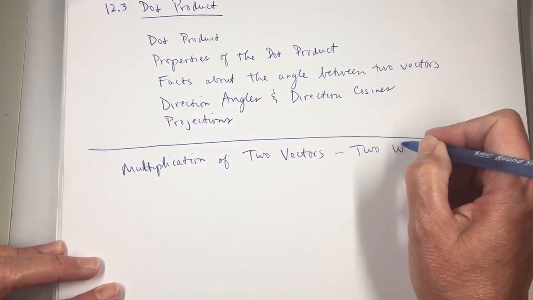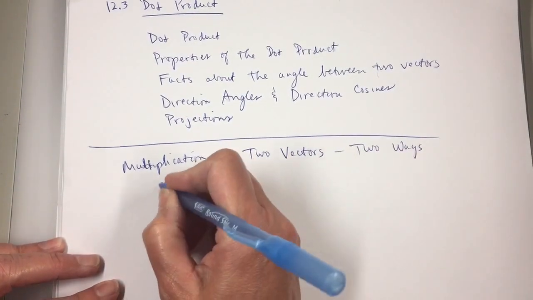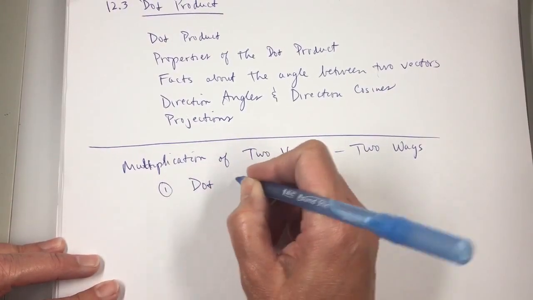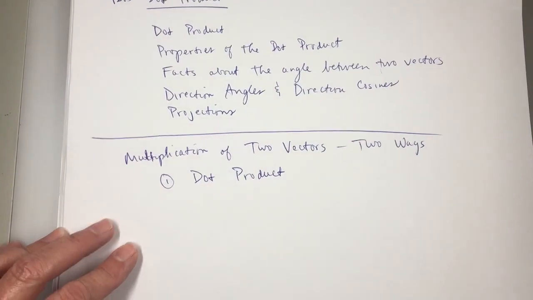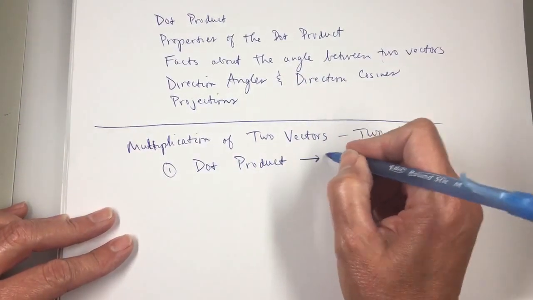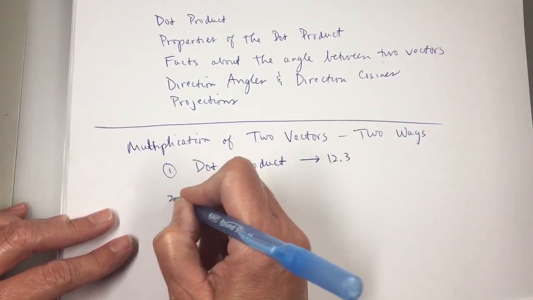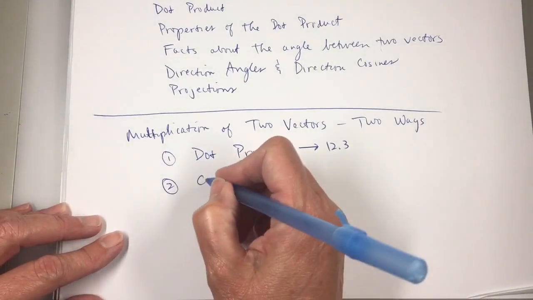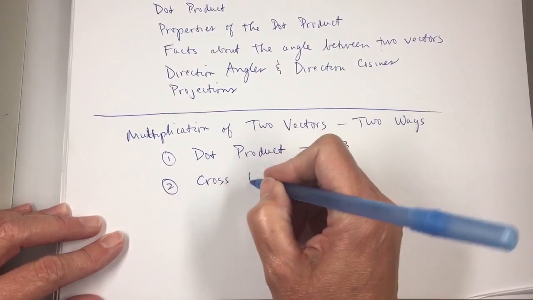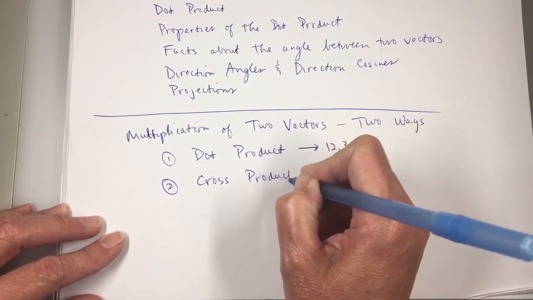One of the ways is called the dot product, and that's the topic for 12.3. And the other one is the cross product, and that's 12.4. So we'll be doing that tomorrow.